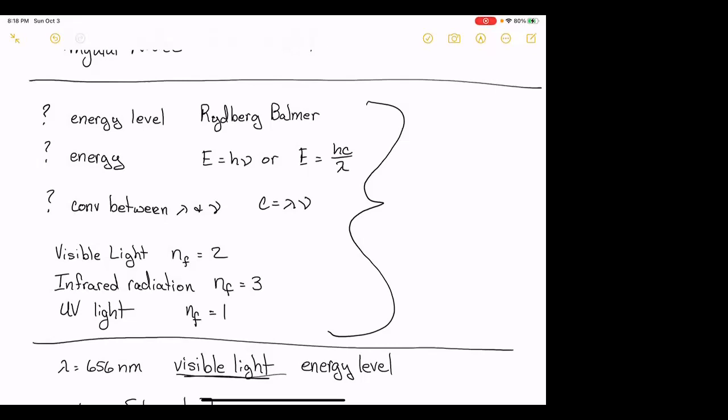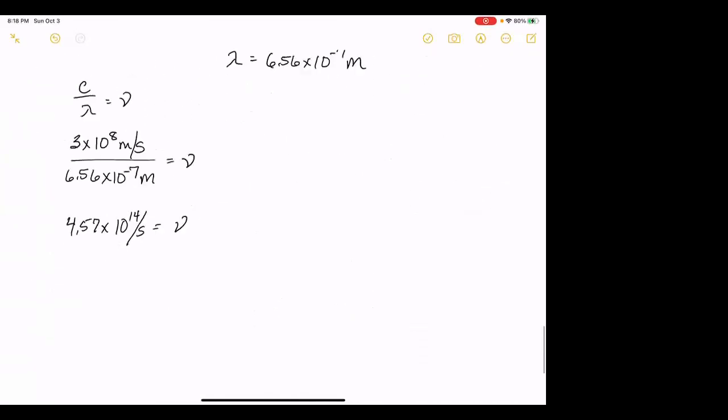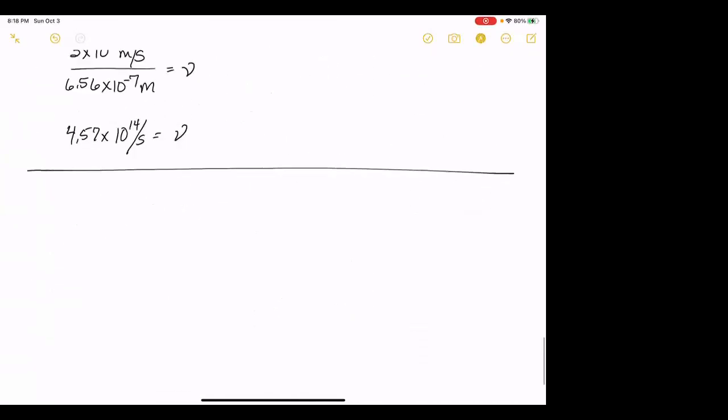Okay, so the next thing on this list is naming of ions. There are certain questions that I ask myself when I see a metal.